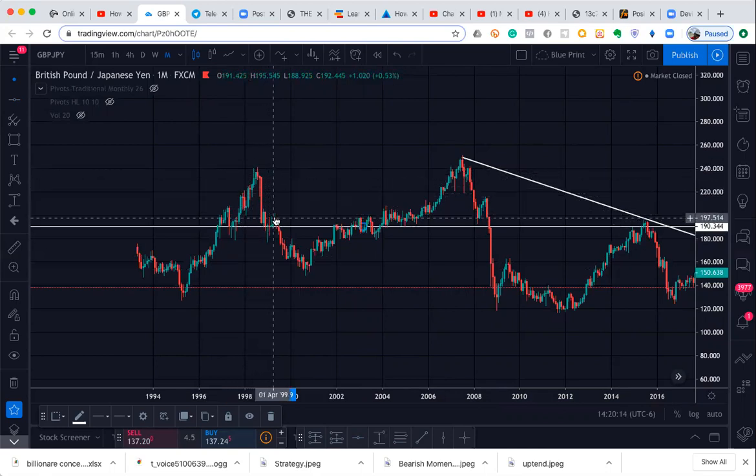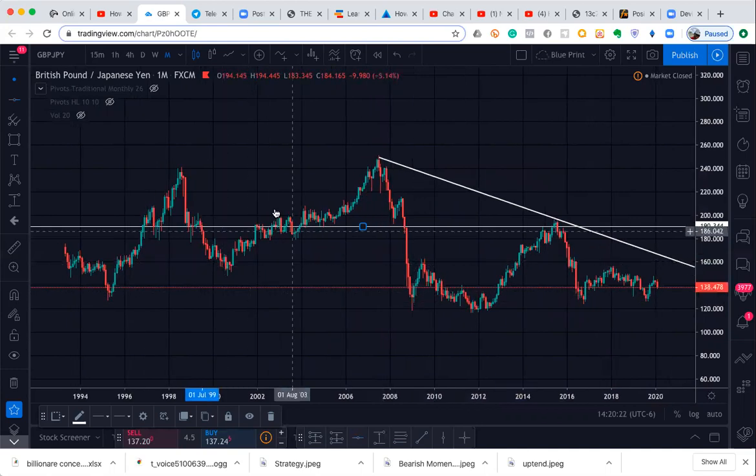Then it breaks, comes back in a retest, and if it fails, they say, well, this is a support and resistance line. Well, that's not exactly true.